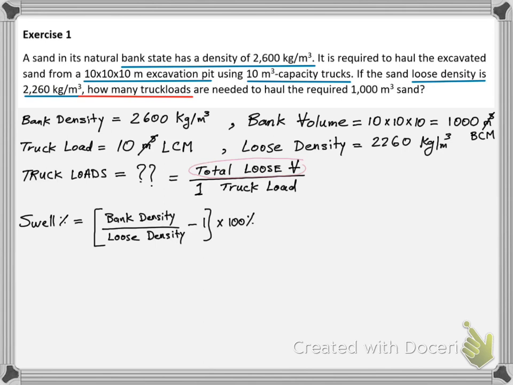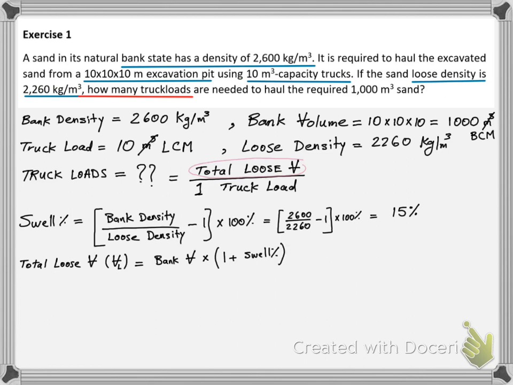Then if we just apply the values given to us, this will give us 15% swell percentage. This means that we can calculate now the total loose volume based on the bank volume and the swell percentage we calculated. So that means that this 1000 bank cubic meter will swell to be 1150 loose cubic meters.